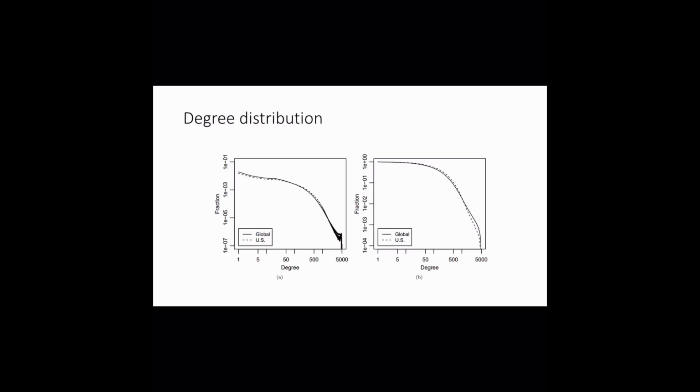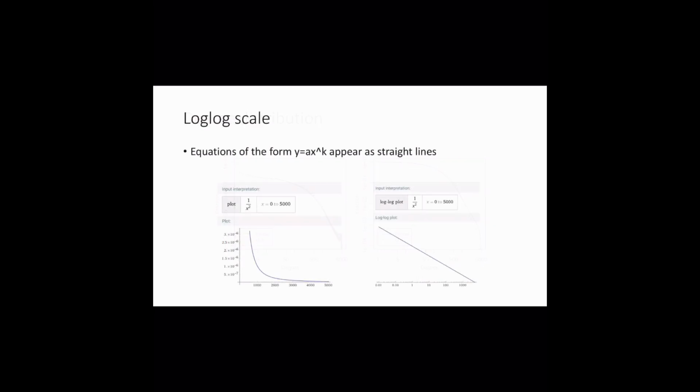On the x-axis is the node degree, and on the y-axis is the fraction that the corresponding node degree accounts for. I want to quickly mention that the graphs we'll see from here on are on a log-log scale, which means that the x-axis and the y-axis are both on a log scale instead of a linear scale.